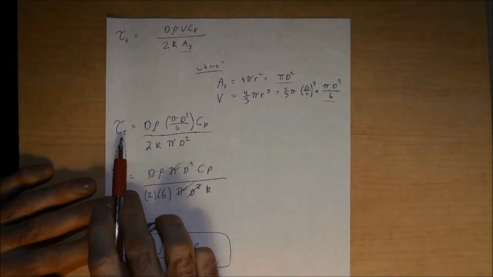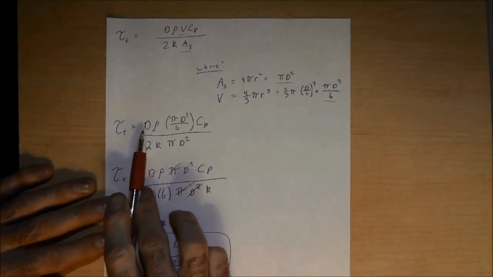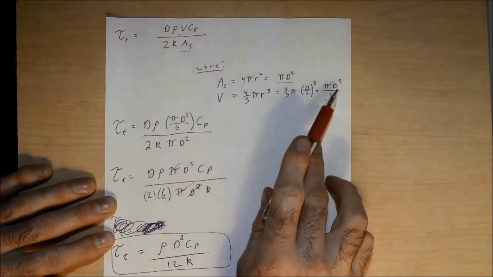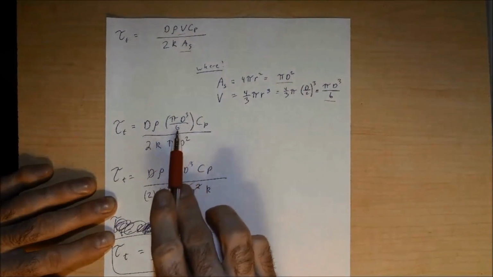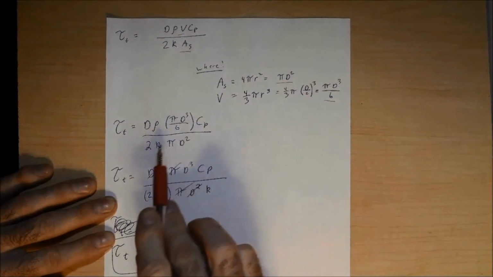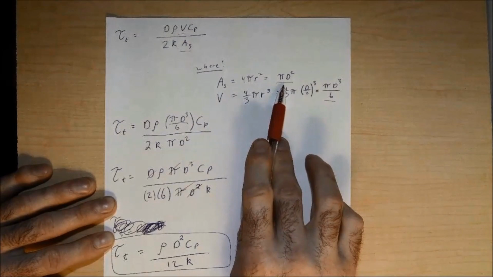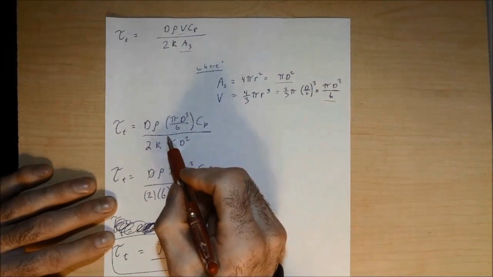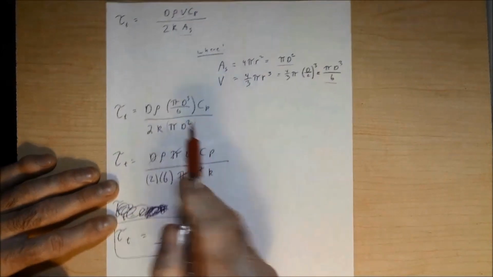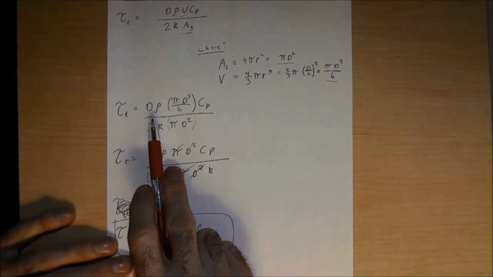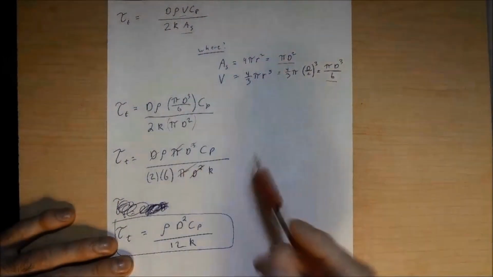We end up with tau sub t is equal to our diameter d times rho. Now our volume is pi d cubed over 6 times c sub p. On the bottom we have 2k, where we had A sub s, we now have pi d squared to replace our A sub s. And we end up with this relationship for tau sub t. Well, now we can again see there's a lot of things that are going to cancel here.